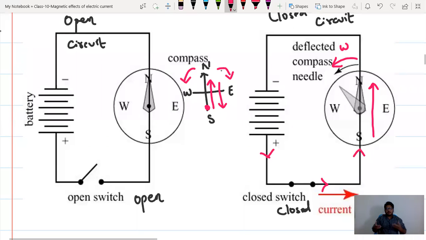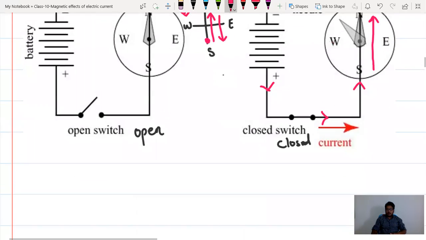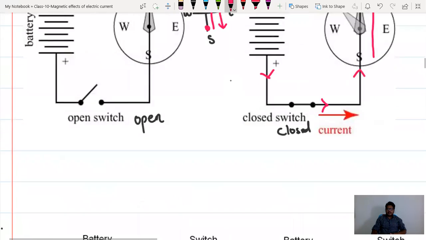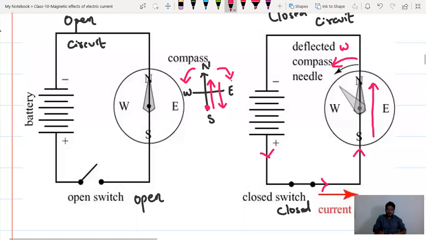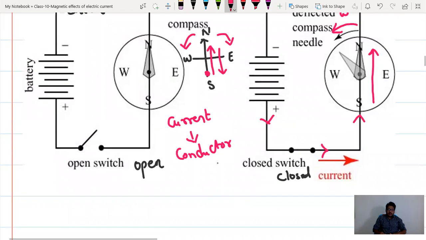If they ask, now you will be in a position to answer it, isn't it? Okay. So this is the concept where we can learn, whenever you pass current through any conductor, automatically around this conductor a magnetic field is produced.